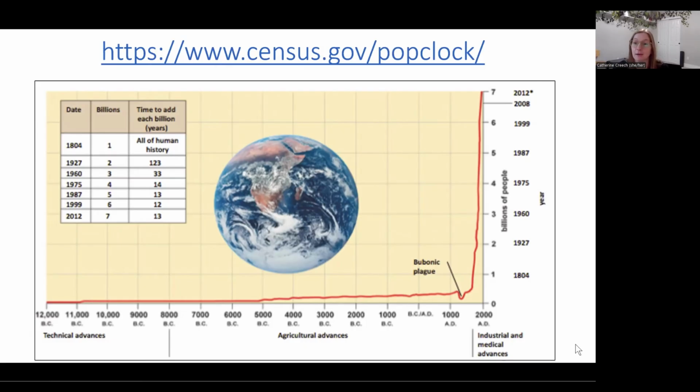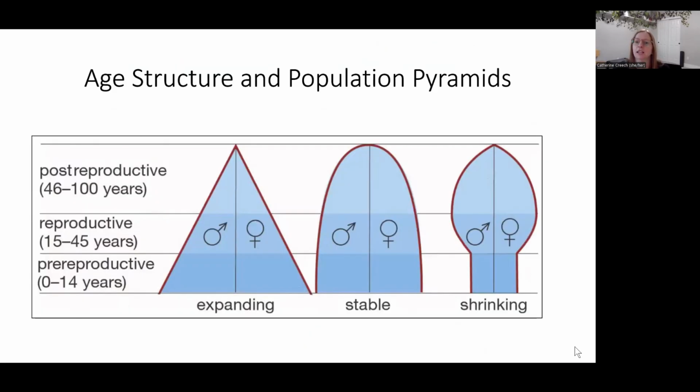Another way that we can think about human population growth is with population pyramids. So population pyramids divide humans based on biological sex and then based on age brackets. So we have you as pre-reproductive, which is 0 through 14. Now we know that you could reproduce at 14, but on average, people do not. So pre-reproductive, then your reproductive years going until like 45.